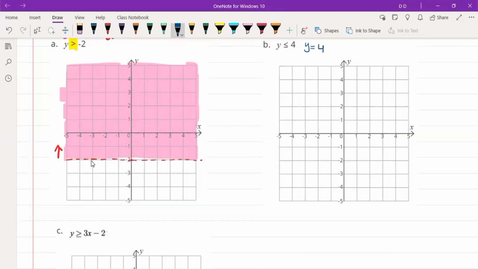So where is 4 on the y-axis? Here it is. Okay, which line do I need to draw, dotted or solid? Due to the equals to sign with this inequality, we need to draw a solid line. So we will draw a solid line here.